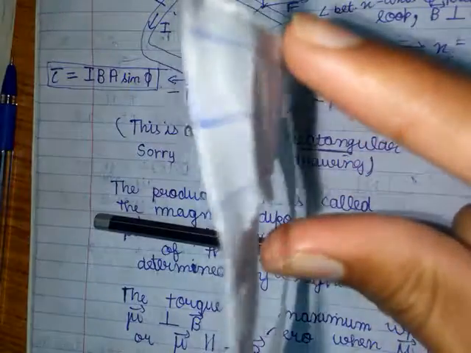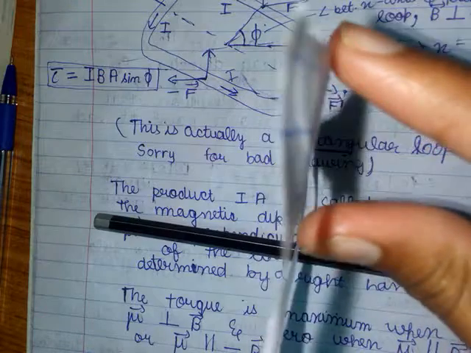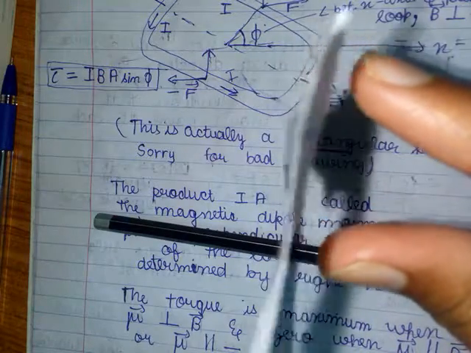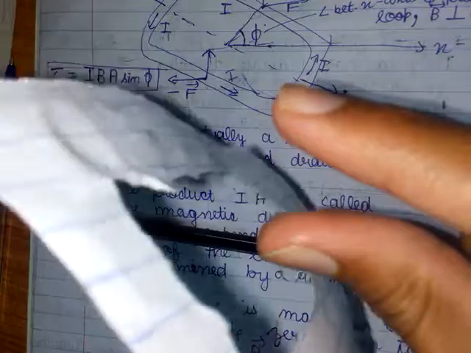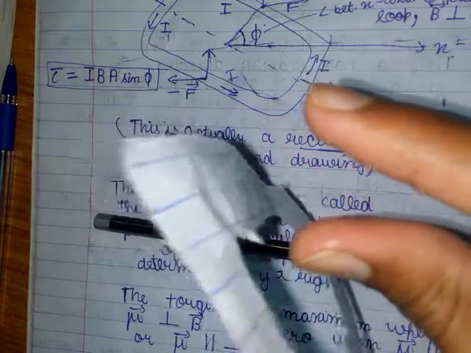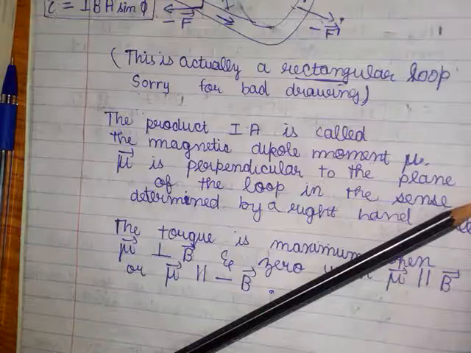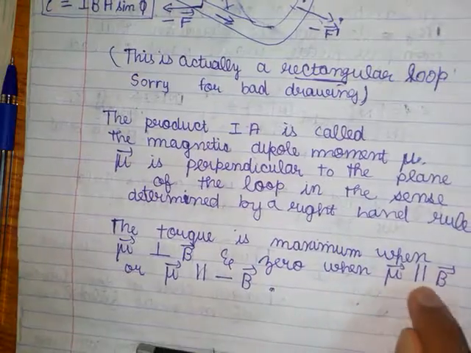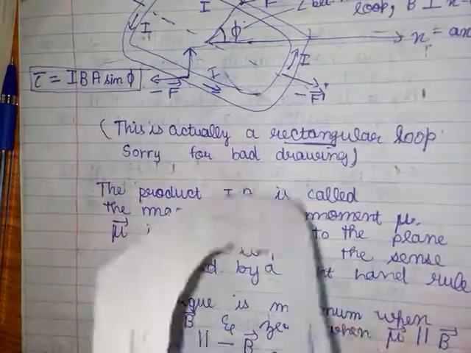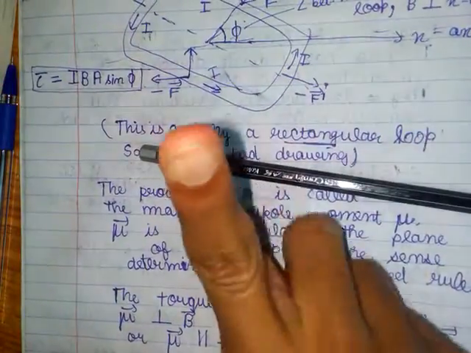Let's do it again. This was when the mu is perpendicular to B. As it rotates, you see that the distance reduces. And when mu is parallel or anti-parallel to B, this is the x-axis, this is the B, and this was the mu.